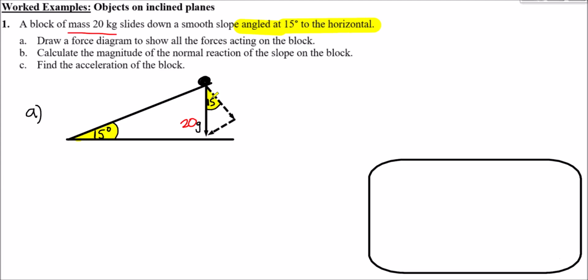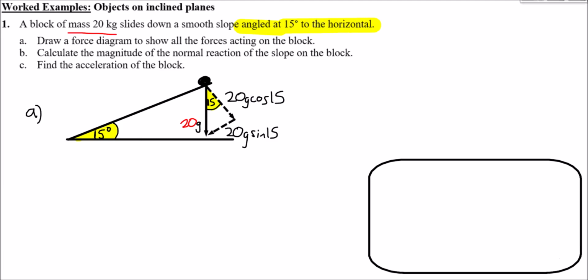The component which goes opposite to the angle will be 20g hypotenuse multiplied by sine of the angle. And the component going this direction, the adjacent component if you like, is 20g cosine of this angle.